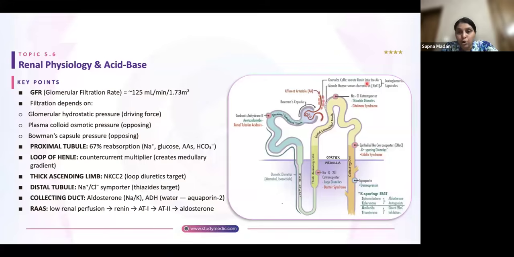If there is low perfusion, that means there is low sodium because the pressure is low, the macula densa is sensing it, and the renin is getting secreted. Renin is going to activate angiotensin 1, that will activate angiotensin 2, finally the aldosterone, and then the physiology is maintained.